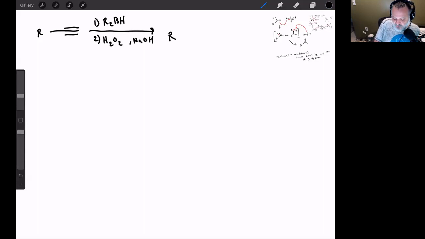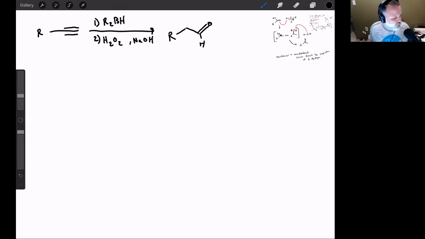Now, if you think about it, you would say, okay, this might produce the anti-Markovnikov hydration and form an enol that looks like this. But now at the end of the day, even though this is the intermediate, we're starting to have some idea that enols rapidly tautomerize, and what you end up with in this case is an aldehyde.